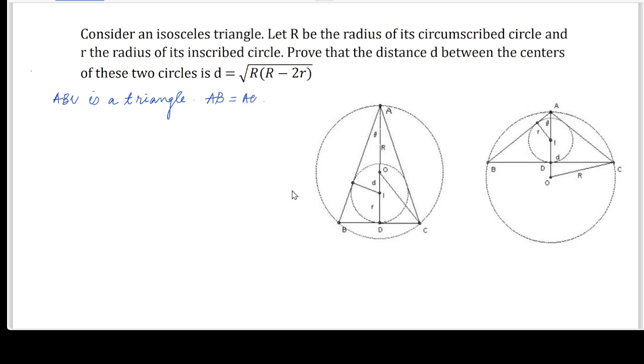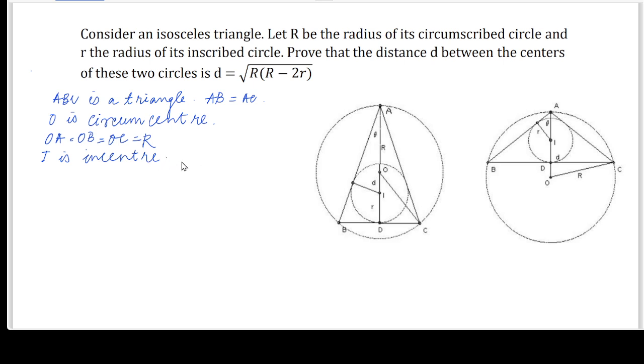So when AB is equal to AC, certainly in the isosceles triangle O is your circumcenter, so OA equals OB equals OC equals R, and I is the incenter.